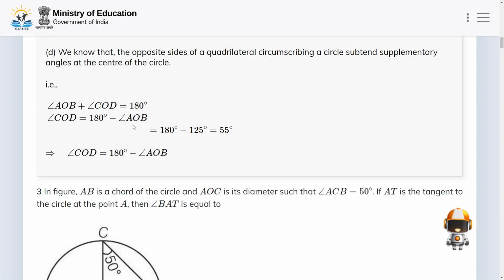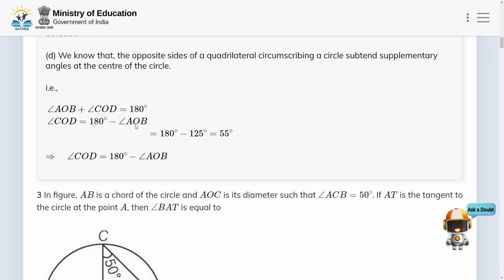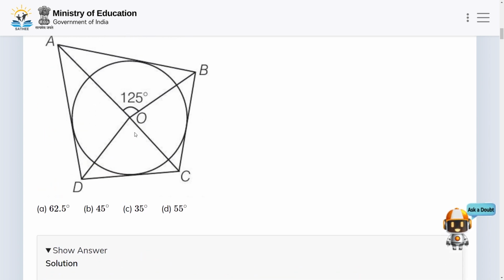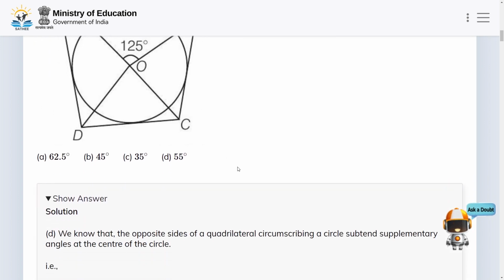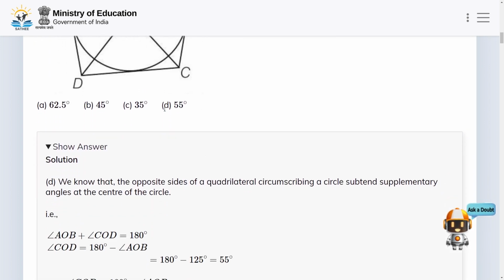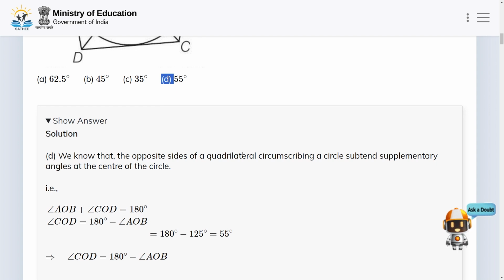Therefore angle COD is equal to 180 degree minus angle AOB, that is 180 degree minus 125 degree, which is equal to 55 degree. So angle COD is equal to 55 degree, and option number D is the correct answer.